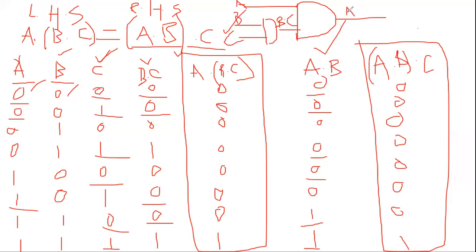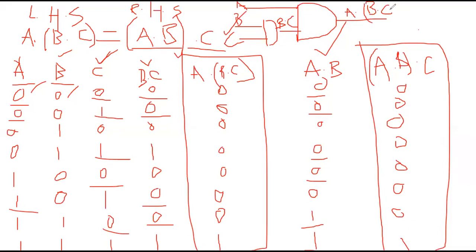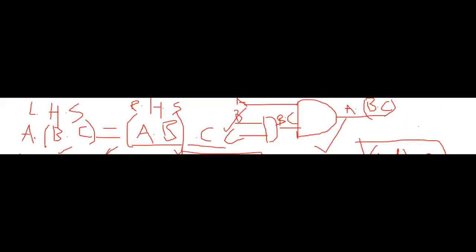So what is the output here? A dot of B dot C. Do you understand how to draw the logic circuit here? So this will be A dot B dot C.